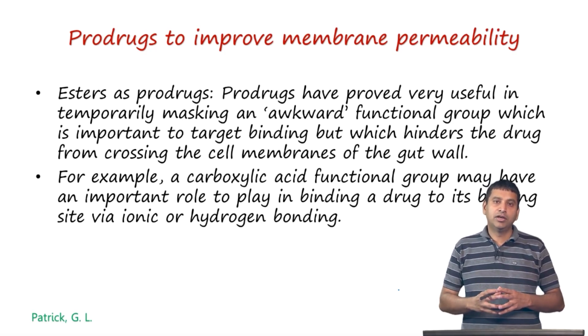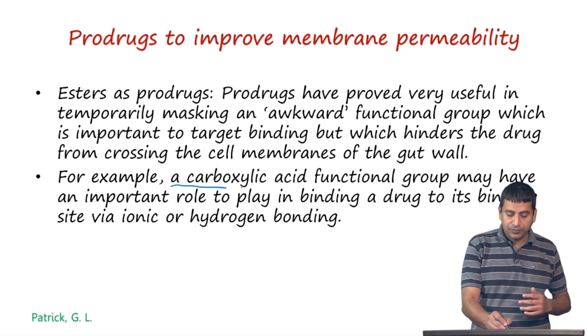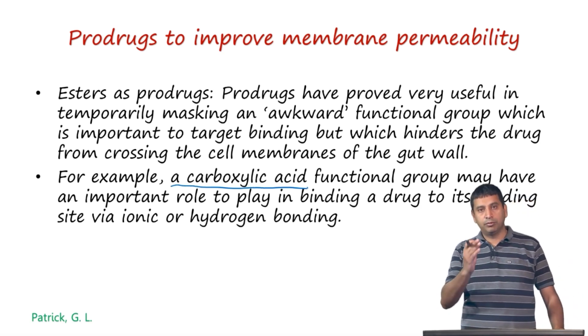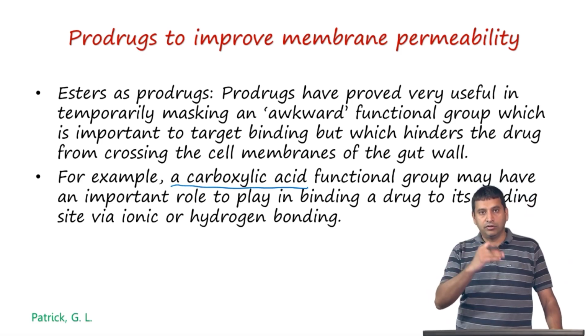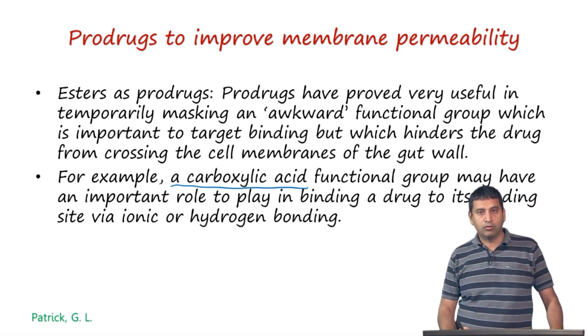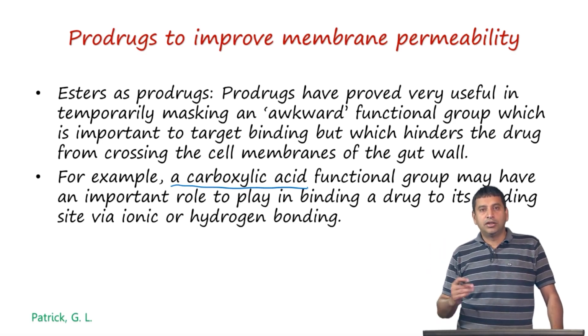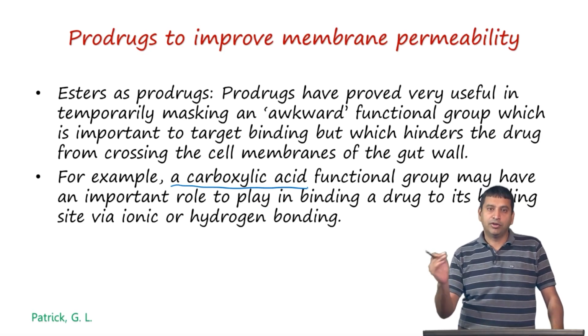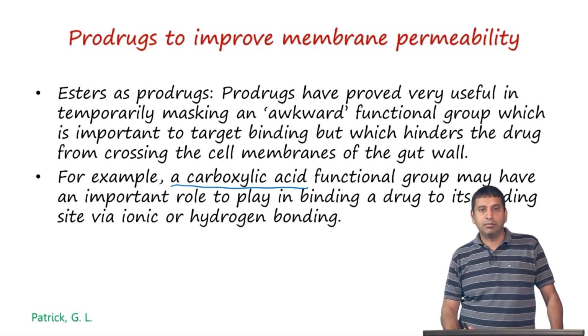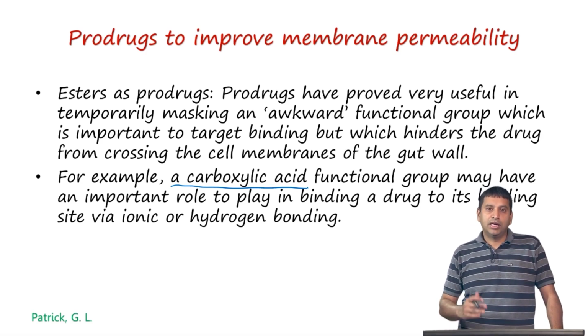So, basically you have, for example, a carboxylic acid which does not help with permeability because the lipid membrane is quite hydrophobic, and the carboxylic acid, which will probably exist as carboxylate, will not permeate the barrier. So, this results in a situation where you have a very nice drug, but it is not able to get across the cell membrane. So, in order to mask this, what people do is convert it into an ester.